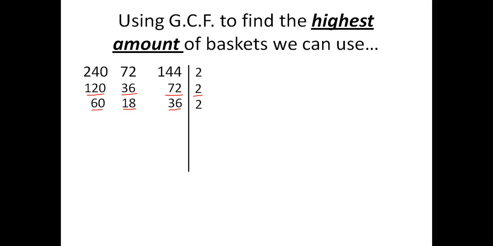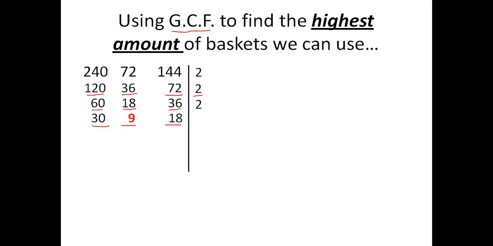This division results like this: 30, 9, and 18. There is something different in this case, because you will have the question, can I still use number 2 when we are going to find the GCF of 2 or 3 or more numbers?